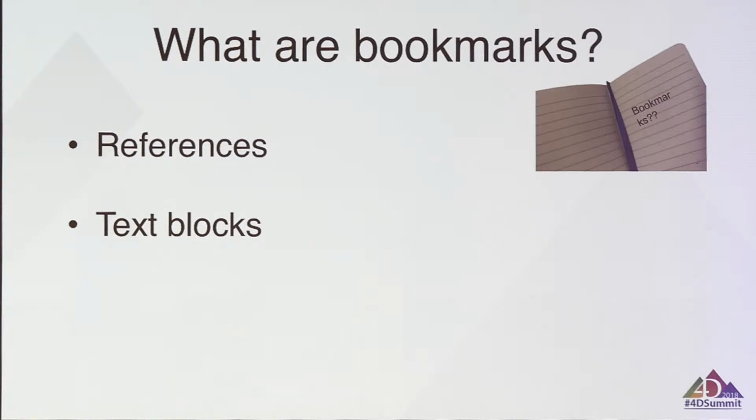We can use these bookmarks to refer to the block of content, or furthermore we can use the content in the range and add it to a new document. But first, let me show you how bookmarks basically work.